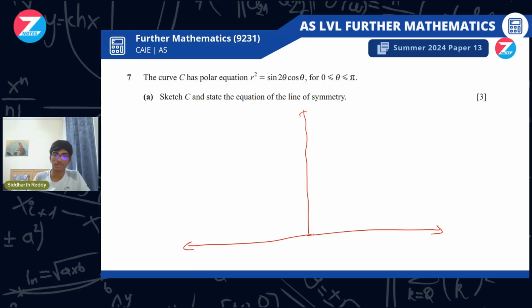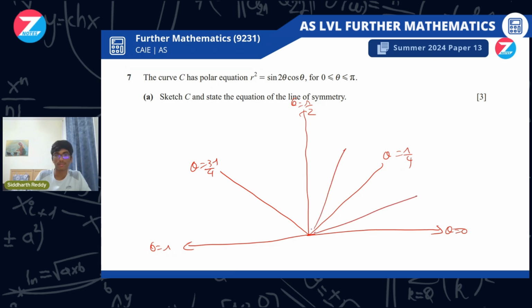So just input theta is equal to 0, theta is equal to pi by 2, theta is equal to pi, and all the other values like theta is equal to pi by 4, theta is equal to 3 pi by 4, theta is equal to pi by 8, theta is equal to 3 pi by 8.